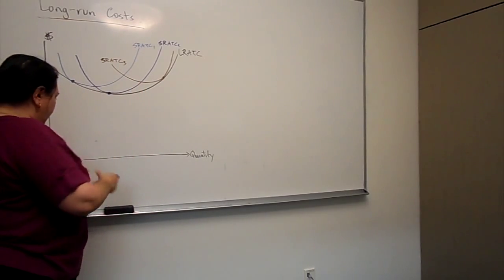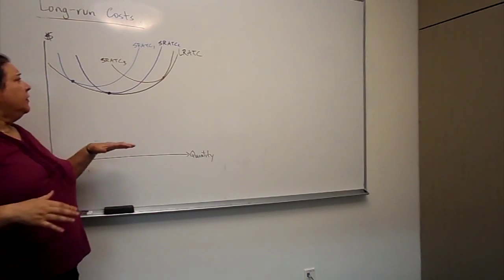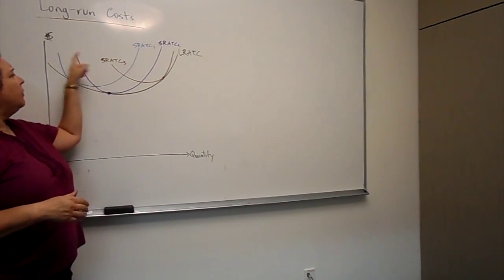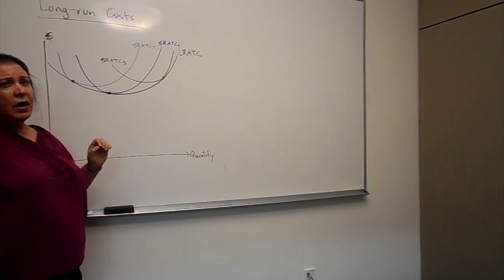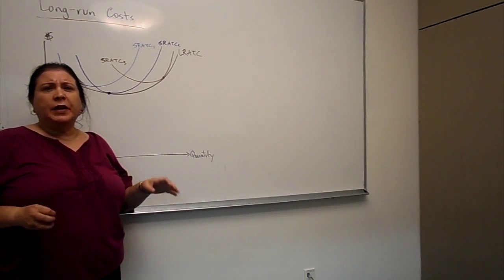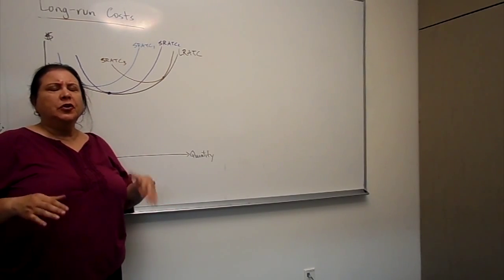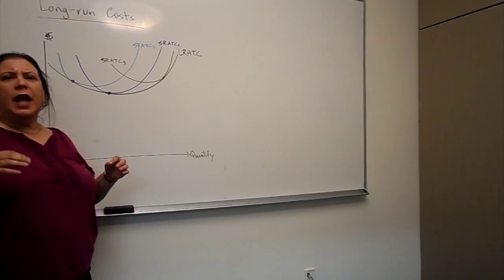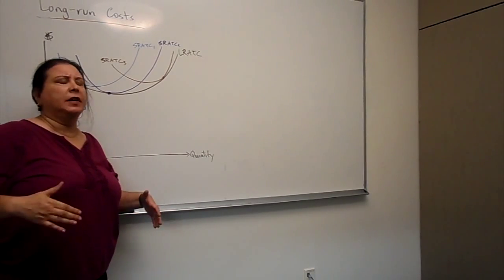Okay. In the short run, capital is fixed. So there's an infinite number of short run average total cost curves. Each one depends upon a fixed amount of capital. In the long run, capital is variable, and you can produce the output for the minimum average total cost that's possible.